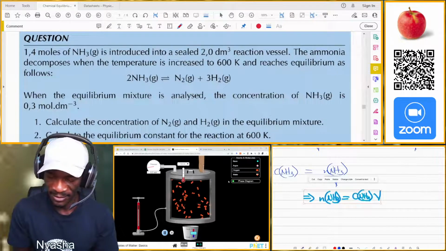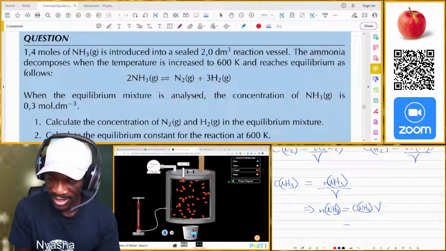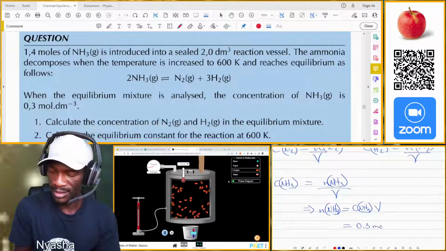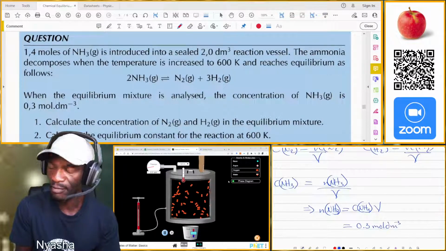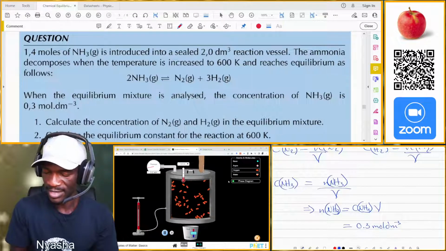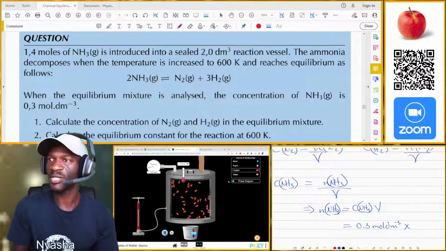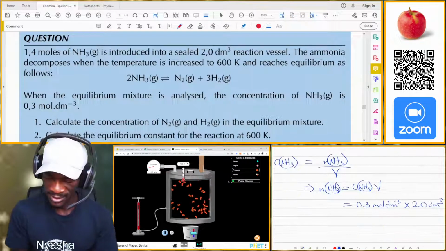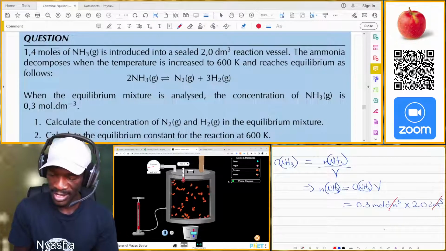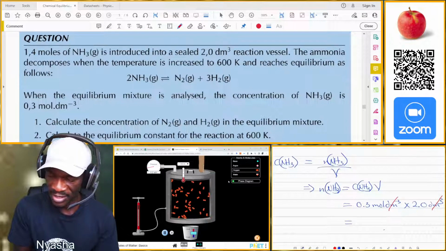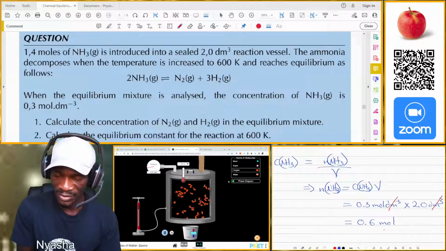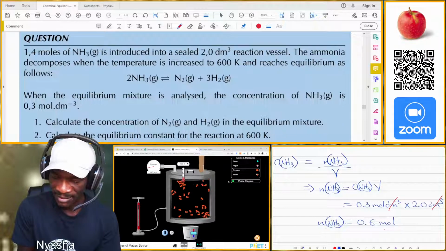So this implies that our number of moles is 0.3 mole per dm cubed times our volume. We said our volume is 2.0 dm cubed, right? So dimensionally the dm cubed will cancel out, and we now have 0.3 times 2, which is 0.6 moles. So we have the number of moles of NH3 at equilibrium.